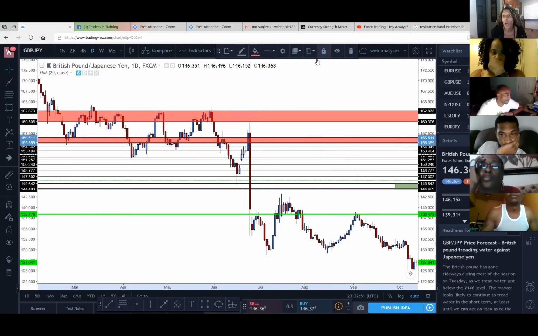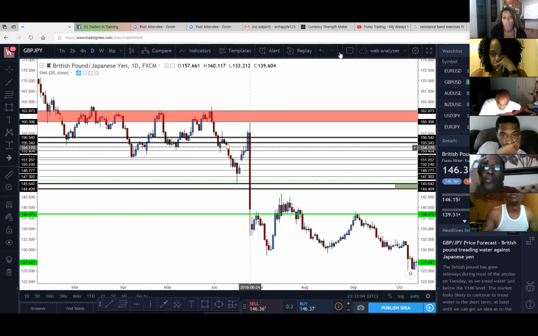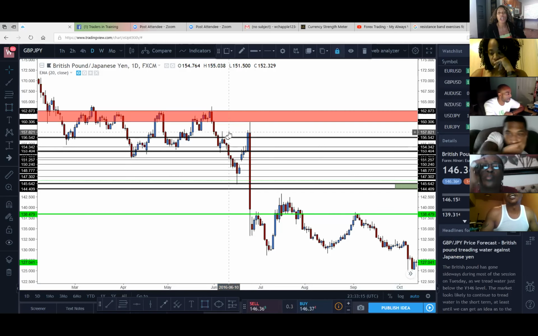The whole body needs to be engulfed by the other whole candle. If the whole body is not in there, it's not engulfing. Okay, that makes more sense. I was just thinking it was the largest candle and got confused. Just because it's a big candle, that's not an engulfing candle. Right, we're looking for engulfing. Correct.